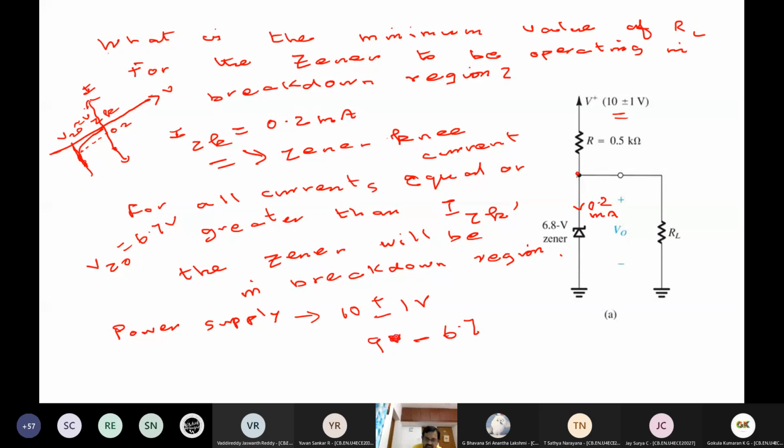So 9 volt minus 6.7 divided by 500. That is my series resistance here, and that will be the current I over here. This is my IL. This is my zener knee current. Because I am trying to operate at the knee current, I only allow 0.2 milliampere to flow through the zener, whereas the rest of it has to go through this load.